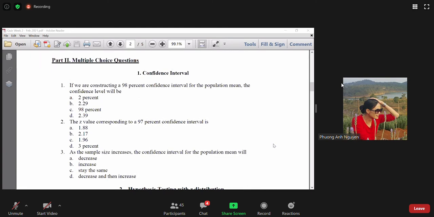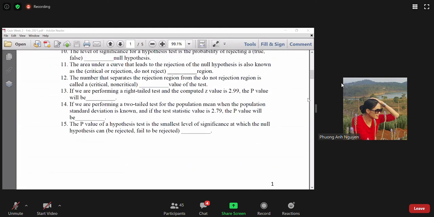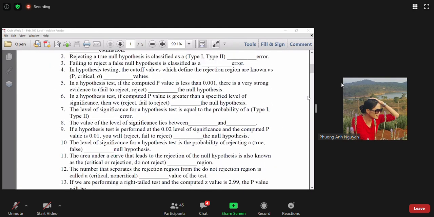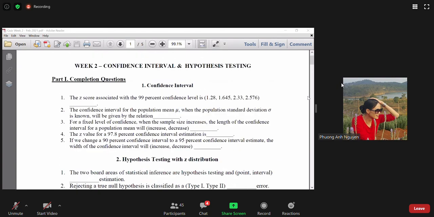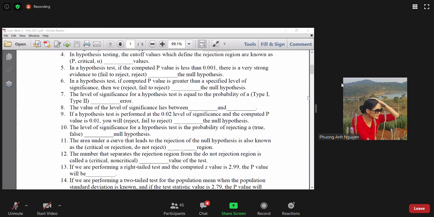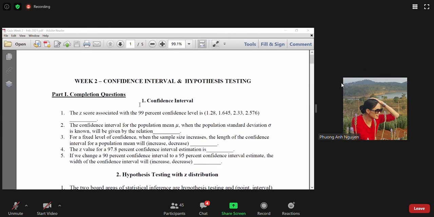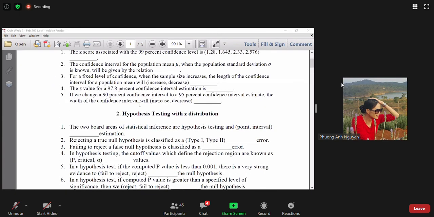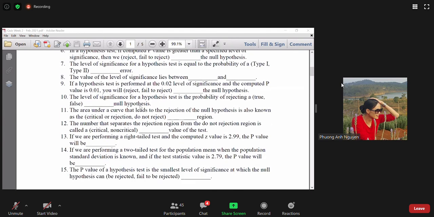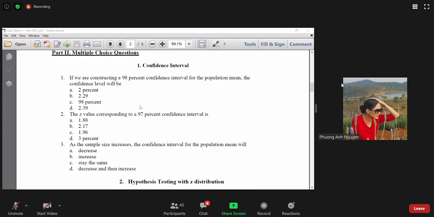The other questions you answer at home. The first part will contain some questions to answer quickly, so I think that for this part you answer at home. And the next part is the MCQ.